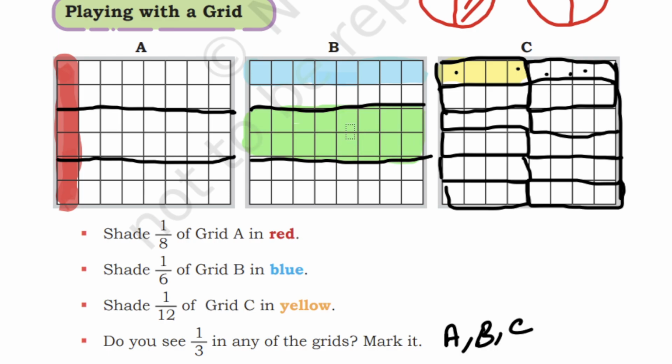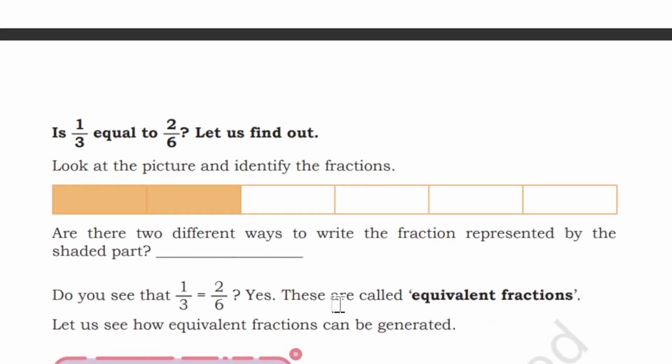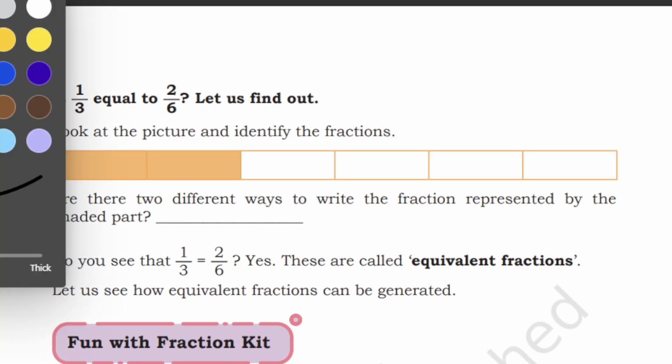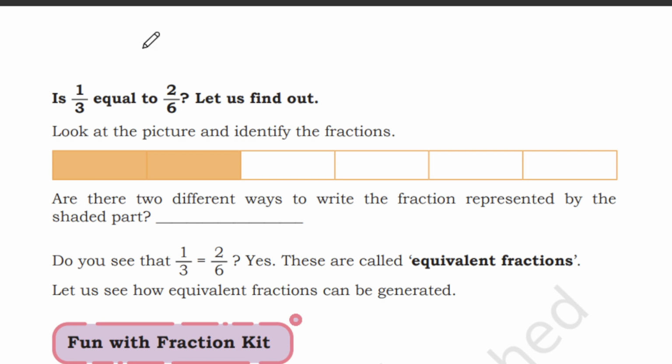Okay, 1 by 3rd. Next, is 1 by 3 equal to 2 by 6? Let us find out. Look at the picture and identify the fraction. So next we have is 1 by 3 equal to 2 by 6. Let's find out whether 1 by 3 equals 2 by 6.